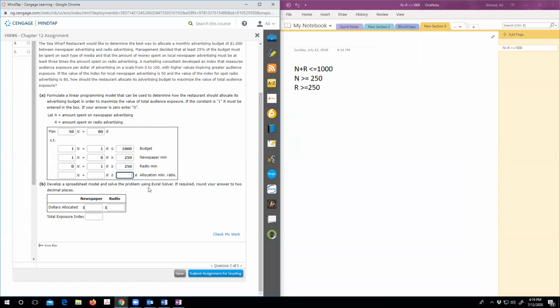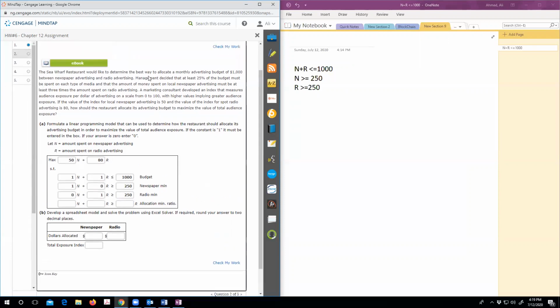So the third constraint we have to think about is the allocation minimum ratio. When they talked about at least giving 25% to each of the media types, and the amount of money spent on local newspaper advertising must be at least 3 times the amount spent on radio advertising.